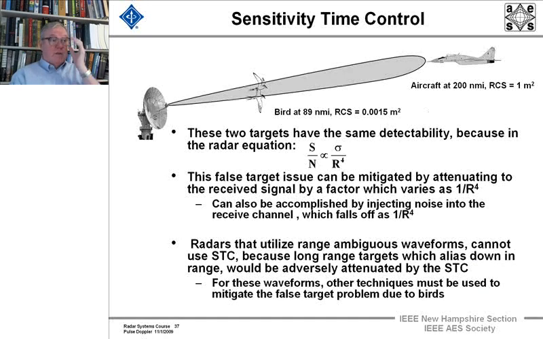of sensitivity time control. We see here a radar, and it's set up to detect a 1 square meter aircraft at 200 miles.